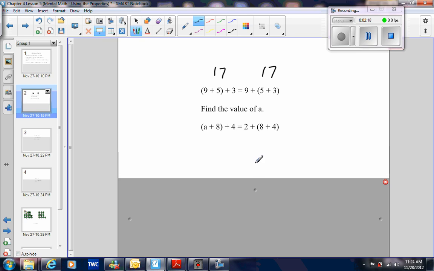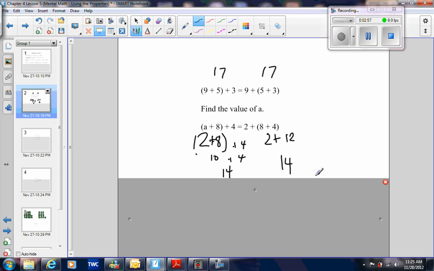Okay. All right, now find the value of A. A plus 8 plus 4 is equal to 2 plus 8 plus 4. You can see that we have 8 and 4 here, 8 and 4 here. A is 2. We're missing that 2. So just to check to make sure, 2 plus 8 is 10, plus 4 is 14. 8 plus 4 is 12. 2 plus 12 is 14.